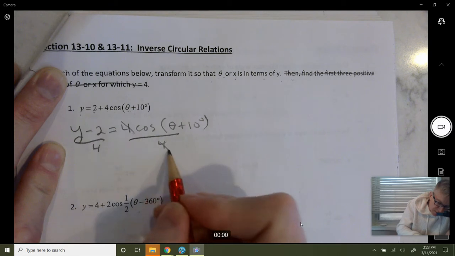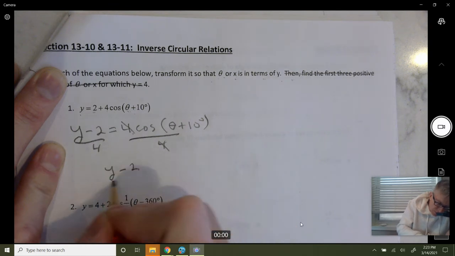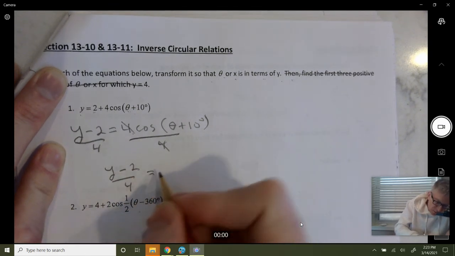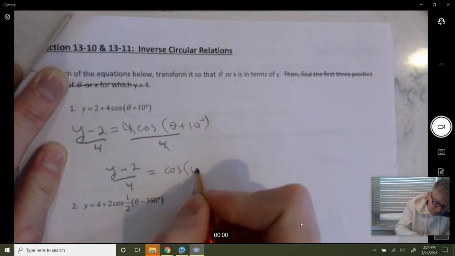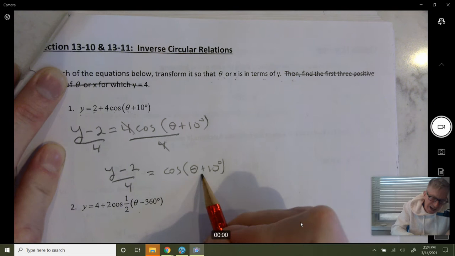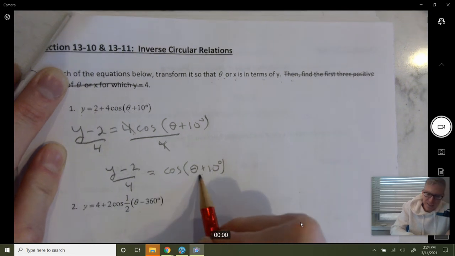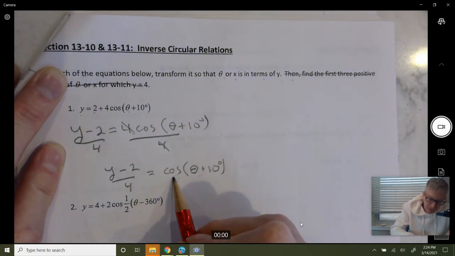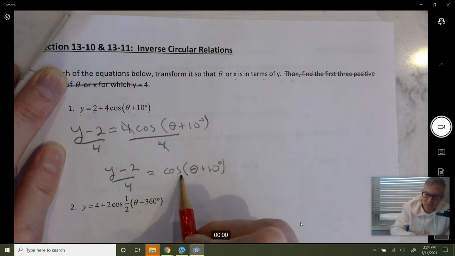Okay, so those cancel. Now you've got y minus 2 over 4 is equal to cosine of theta plus 10 degrees. Now we need to get the theta out from inside of the cosine. The only way to do that is to turn this cosine function into a cosine inverse function.